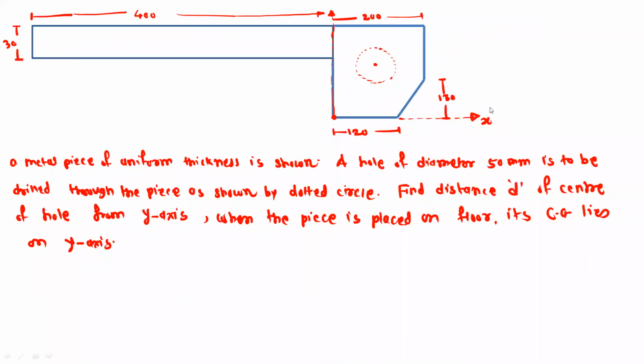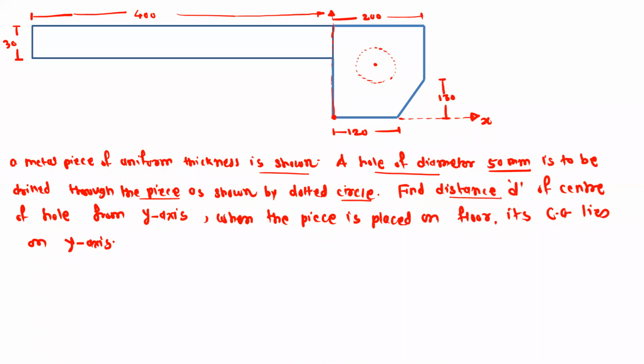So note down the next problem. In this problem, a metal piece of uniform thickness is shown in the figure. A hole of diameter 50 mm is to be drilled through the piece, which is shown by the dotted circle.